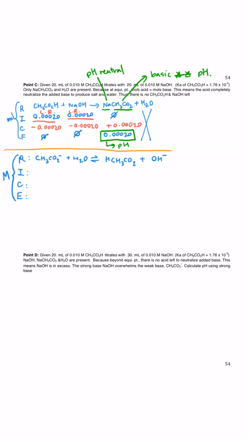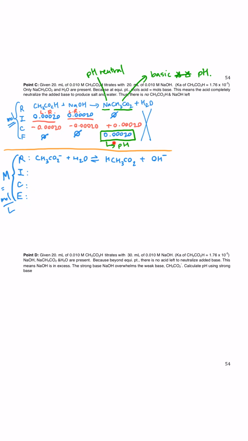The difference in unit between RICF and RICE is that for RICF, you are going to use moles, and for the RICE table, you are going to use molarity, which is moles over volume. Therefore, in this case, the number that we are going to plug in here has to be the value of the concentration. We cannot use the number of moles left in the previous step and use them here, because this number is just the number of moles, not moles per liter.